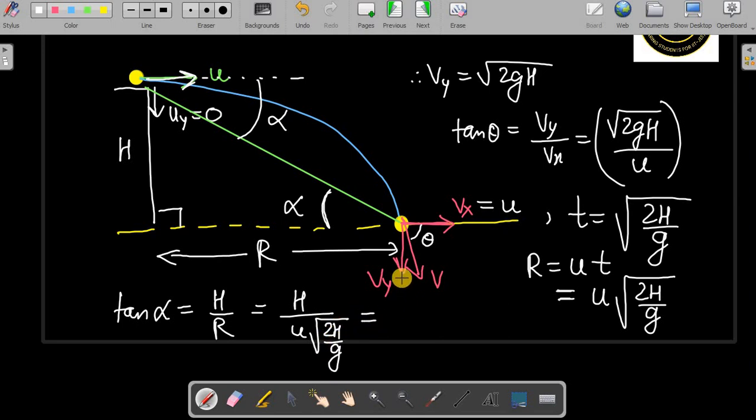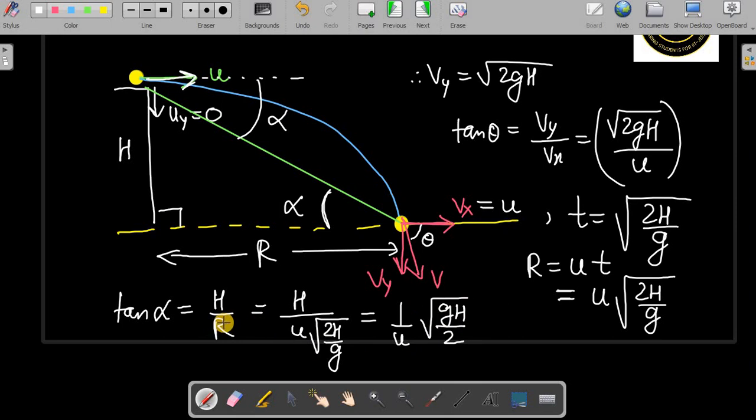So from here you can put it inside, and it will be 1 by u root under g by 2h, because this h will be under root. So this is what you will do.